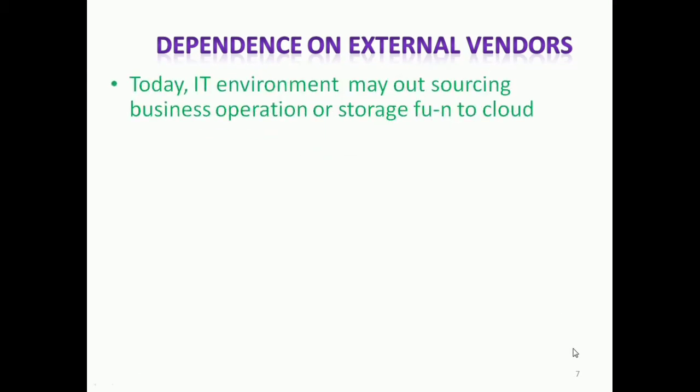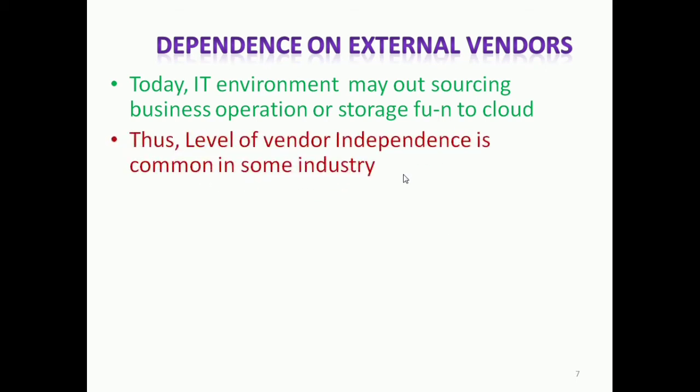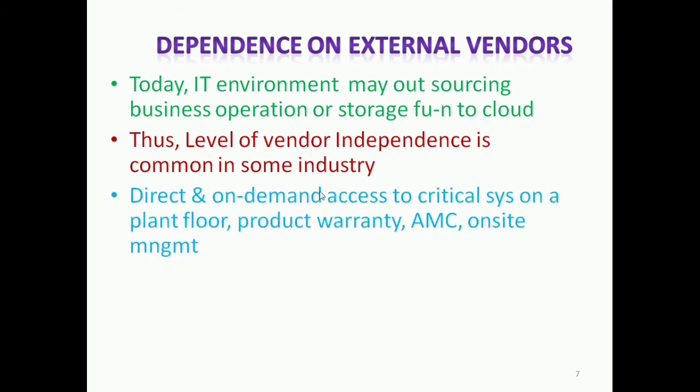Anyhow, continuing this discussion: dependence on external vendors. Obviously today most heavy or lighter industries depend upon outsourcing, business operations or storage functions to the cloud. This level of vendor dependence is common in some industries, and it is almost true in most industry cases. So there is direct and on-demand access to critical systems on a plant floor, right?